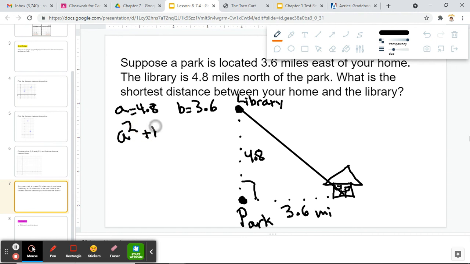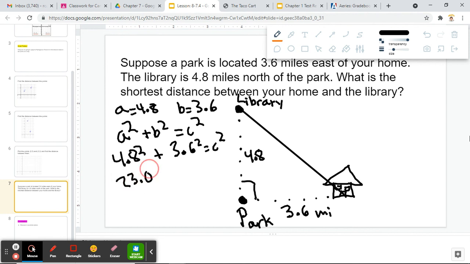So we have A squared plus B squared is equal to C squared. We got 4.8 squared plus 3.6 squared is equal to C squared. Now, 4.8 squared is equal to 23.04. 3.6 squared is equal to 12.96.